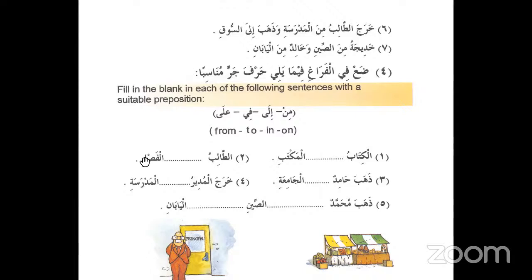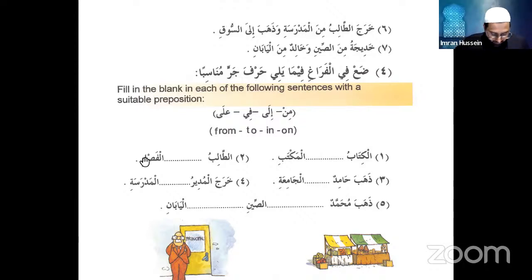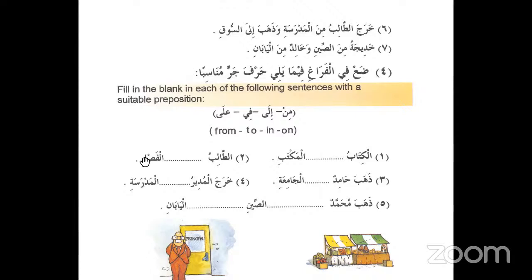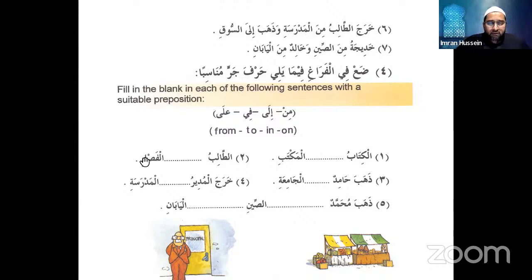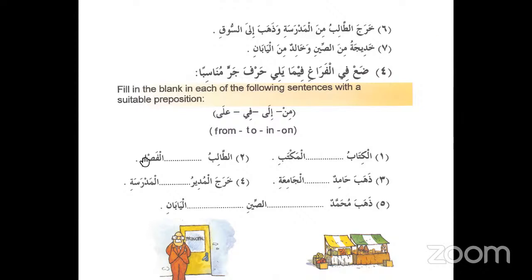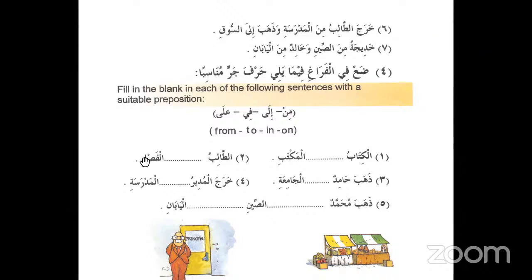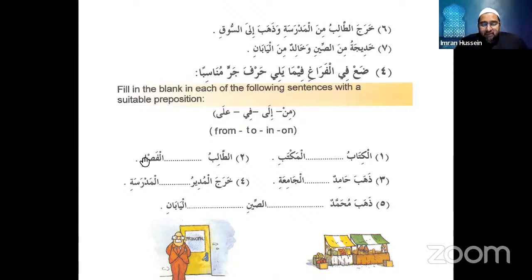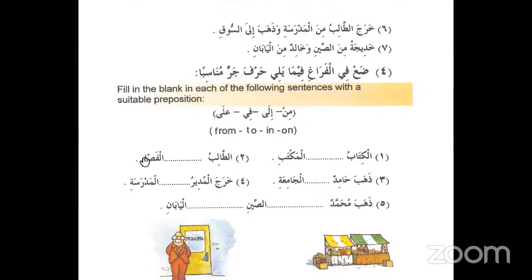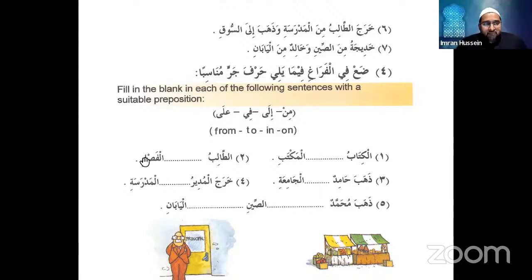The manager exited from the school. ذهب محمد من الصين إلى اليابان. Number 5 should be from China to Japan. Correct answer.